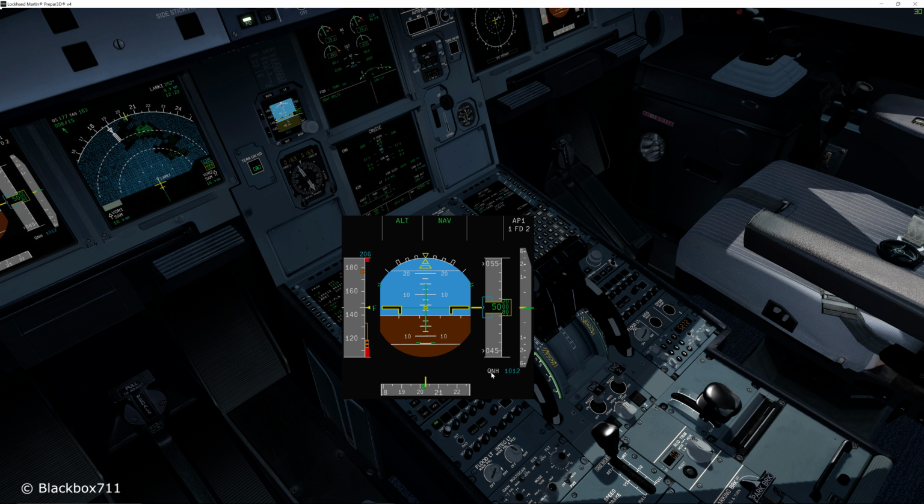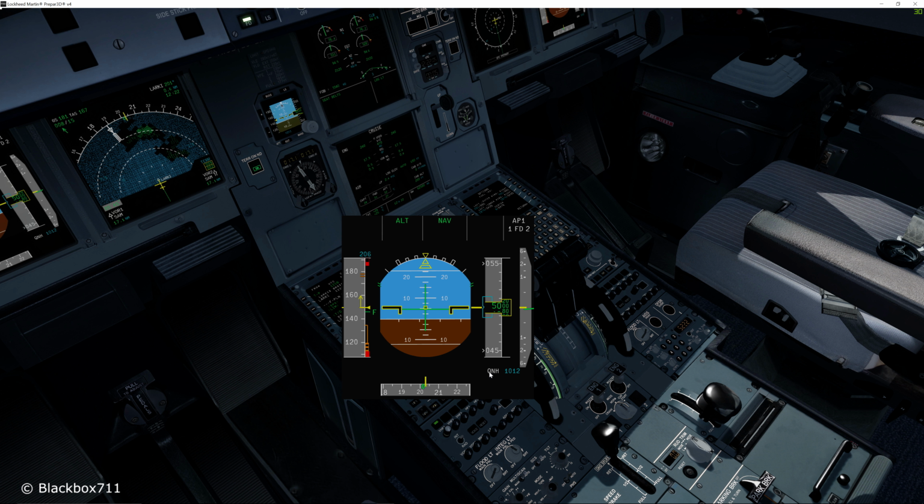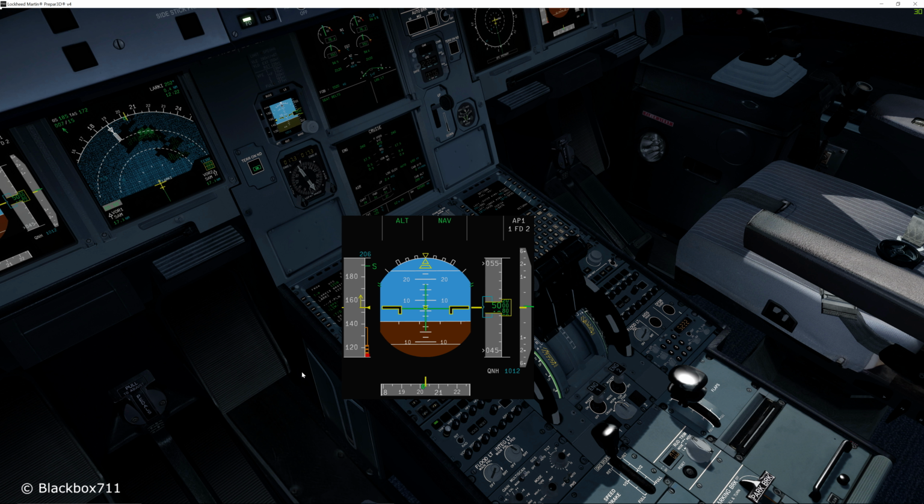And the other way around, if we're decreasing the flap setting, then obviously the stalling speed increases and VLS is also adjusted accordingly.